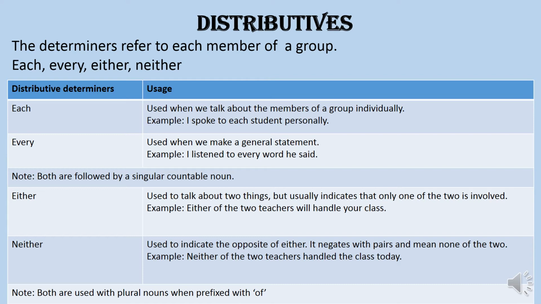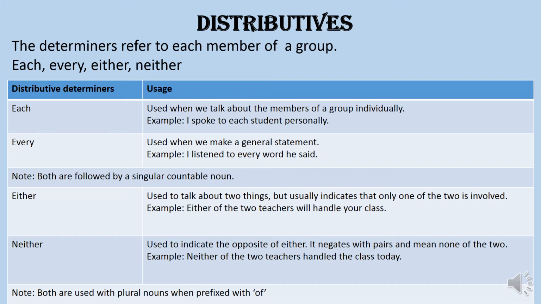Now let's look into the other examples, either and neither. Either is used to talk about two things but usually indicates that only one of the two is involved in the action. So the example: either of the two teachers will handle your class. Next one is neither, used to indicate the opposite of either. It negates with pairs and means none of the two.